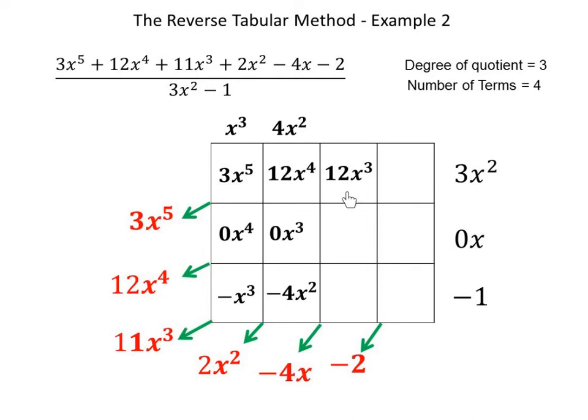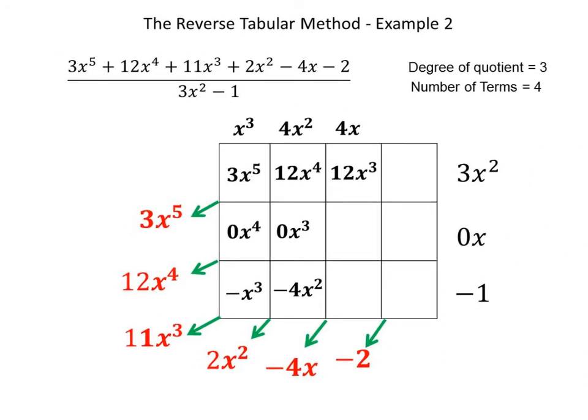Now we can use this to discover what will be up here. To do that, you can divide again: 12x cubed divided by 3x squared. When you divide, you get 4 and then x, so it will be 4x up here.